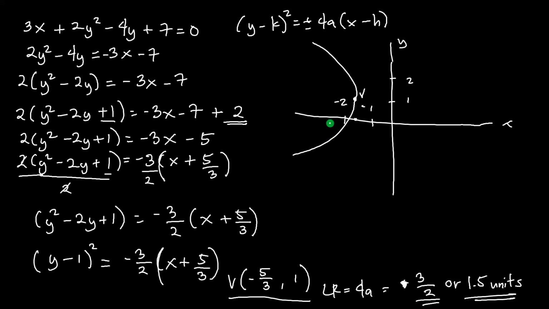So what is a first? Because a is the distance that will determine the location of the directrix as well as the focus. So a is determined by 4a equals 1.5. Divide both sides by 4. a is 0.375.